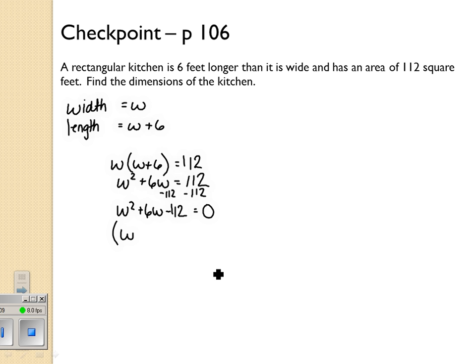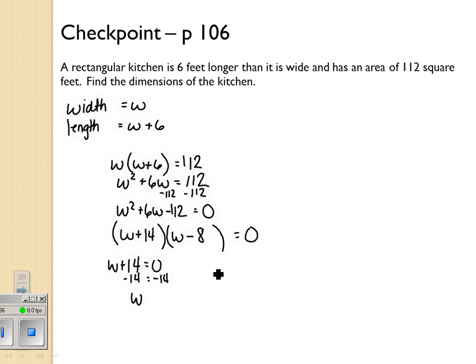With a little bit of playing around, 112 does actually have some really nice factors that are going to end up giving us a 6. We can use 14 and a negative 8 to get negative 112, and 14 minus 8, of course, is going to be 6.